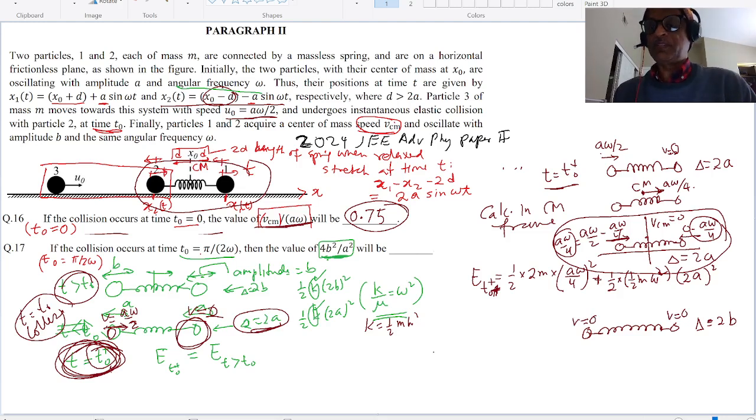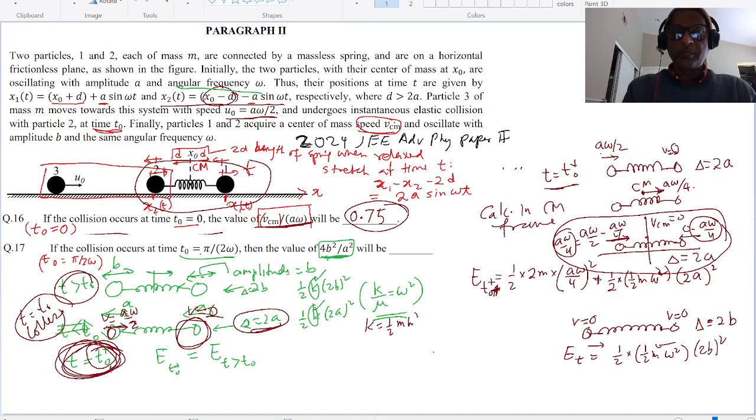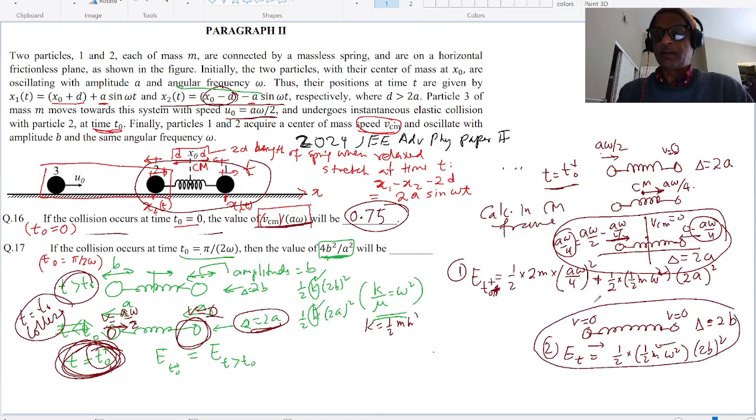At some time it will be fully stretched and then thereafter it moves back. So at this instant the energy is half times half m omega square times 2b squared. Now these two expressions must be equal, because between this time and this time there are no external forces acting and energy is conserved.